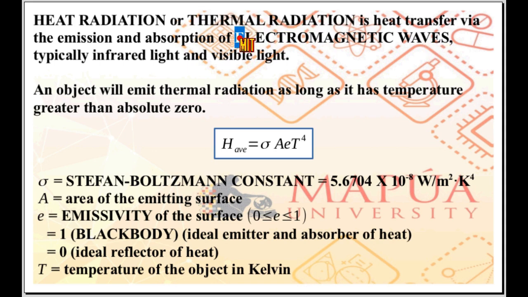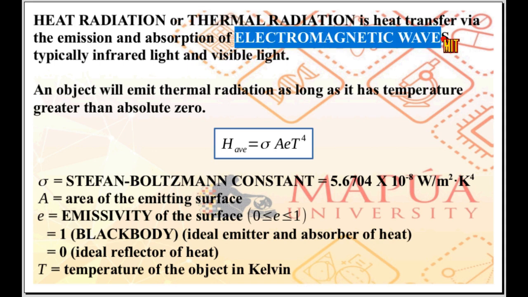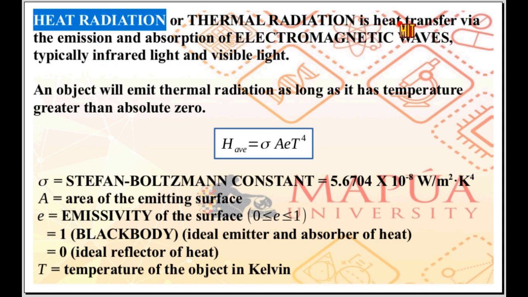When we say electromagnetic waves, we're basically talking about light and the different types or spectra of light. For heat radiation, we're typically talking about infrared light and visible light. So heat radiation is heat transfer via the emission and absorption of infrared light and visible light for the most part.